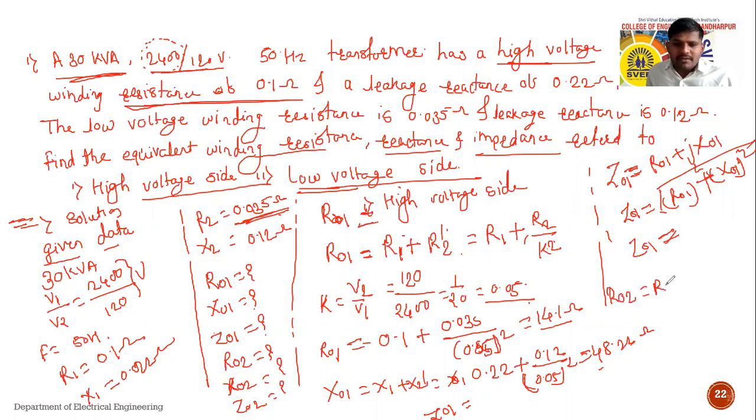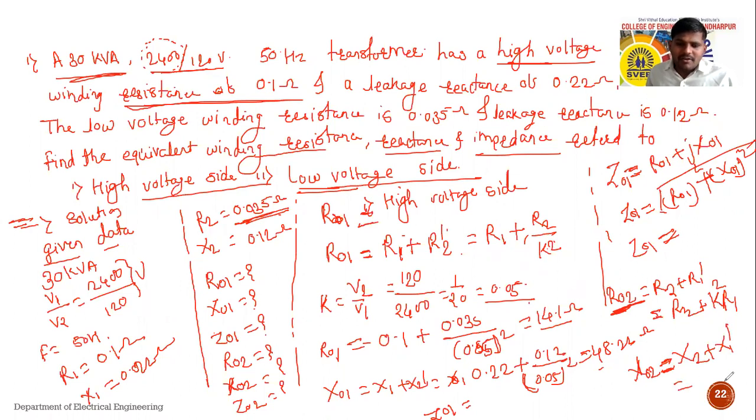Similarly, calculate R02. The formula for R02 is R2 plus R1 dash, and R1 dash is K square into R1. Similarly, calculate the value of X02, that is X2 plus X1 dash.